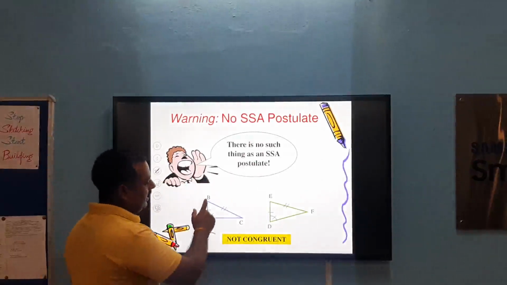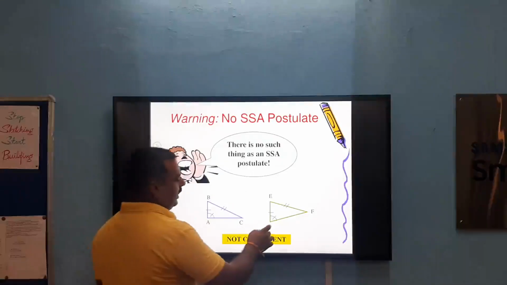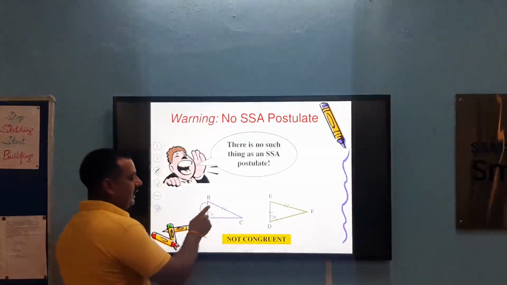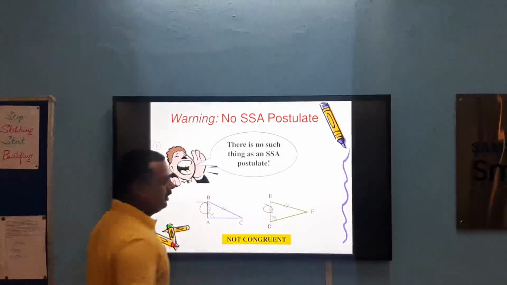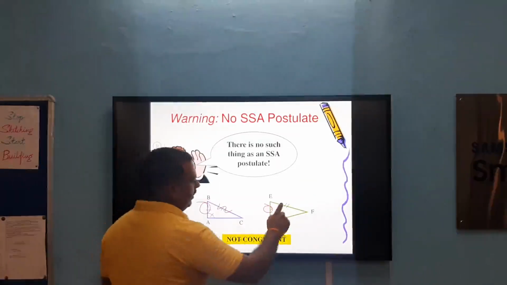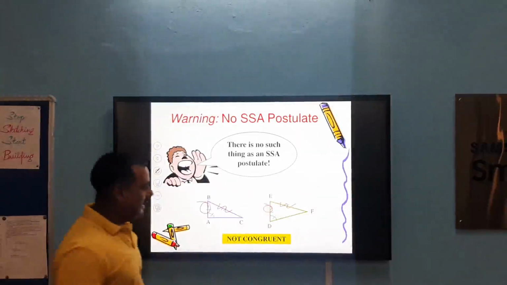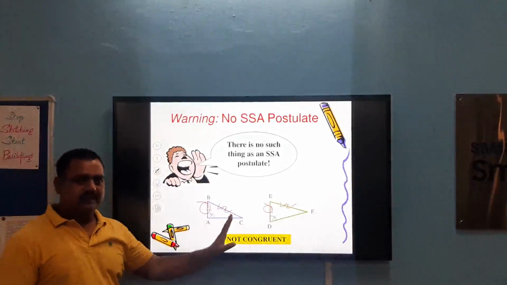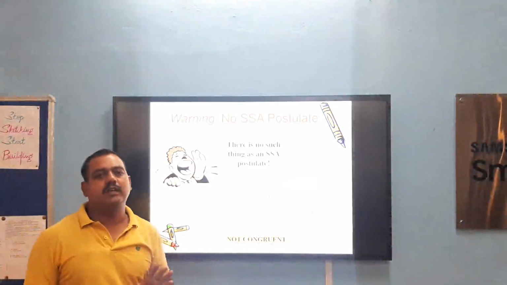Just like triangle ABC and triangle DEF, if we know AB side is equal to DE side, BC side is equal to EF side, and angle A is equal to angle D, here two sides are equal and one angle is equal.